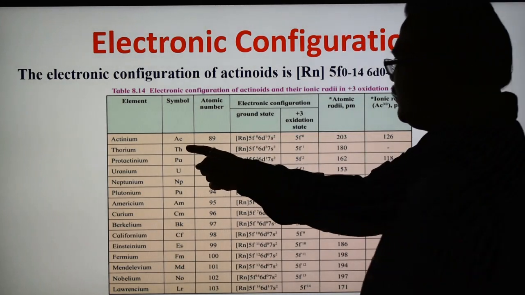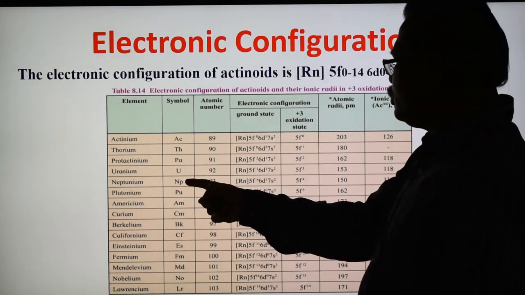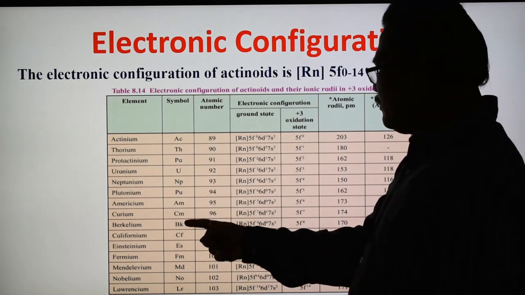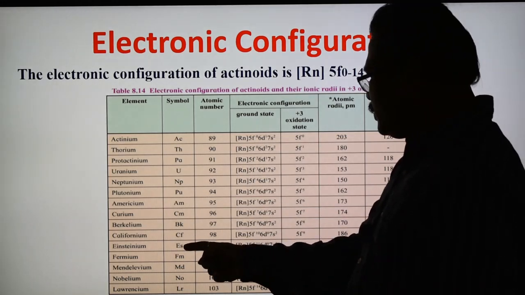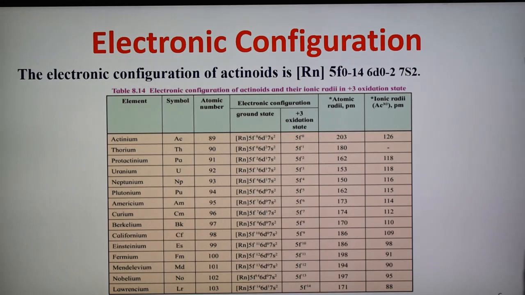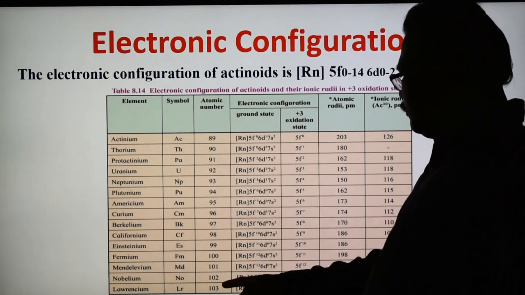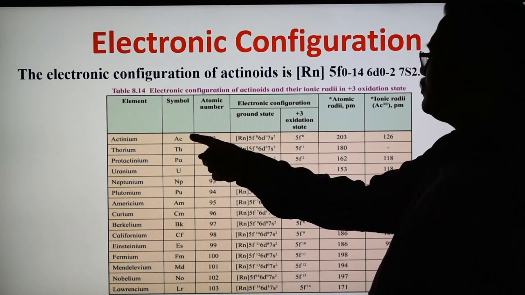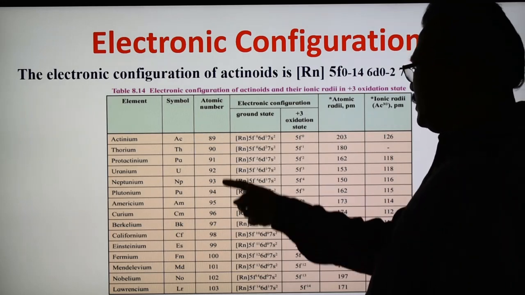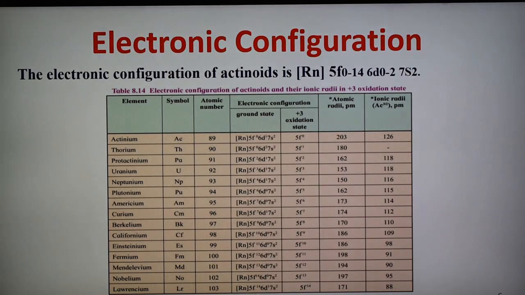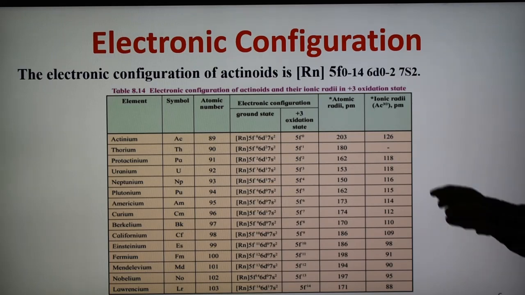These are the 14 elements: thorium, protactinium, uranium, neptunium, plutonium, americium, curium, berkelium, californium, einsteinium, fermium, mendelevium, nobelium and lawrencium. Remember the names of all 14 elements; atomic numbers are 90 to 103. So 89 is actinium, the first, and after actinium the elements start. These 14 elements are known as the actinoids.